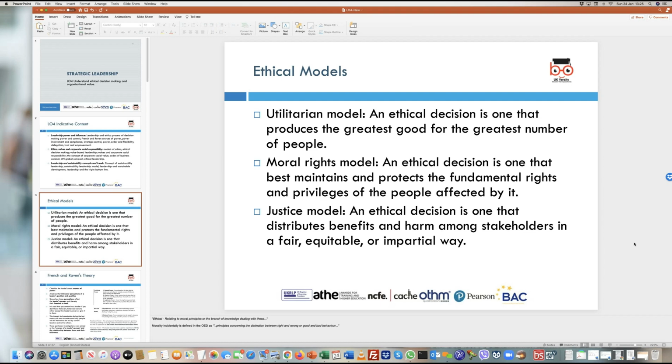Now, when I look at the justice model, which is the third approach, the ethical decision is one which distributes the benefits and harm amongst the stakeholders in a fair, equitable, and impartial way. That means if the company embarks on a decision which leads to creation of wealth, but with the creation of wealth it also leads to certain drawbacks, in the sense that it will lead to, say, more taxation, or, for example, stricter legislation being applied by governments across the globe, then in those cases, what we use the term is share the proceeds.